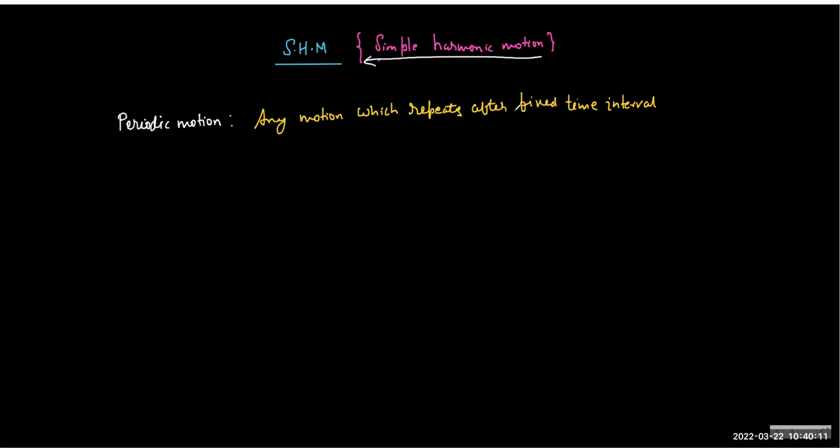Now, is it necessary that if a motion is periodic, it must be oscillatory? Can we say that every periodic motion must be oscillatory motion? Is it necessary that if you have a periodic motion, then it must be oscillatory as well?